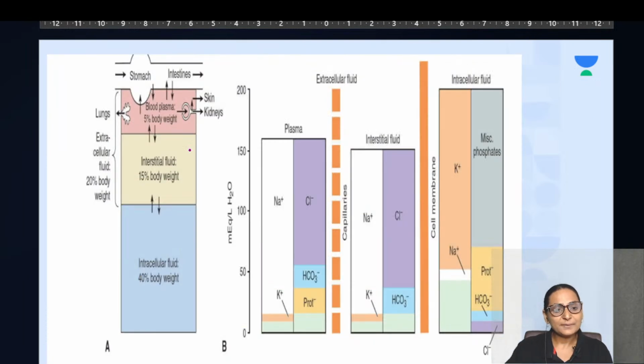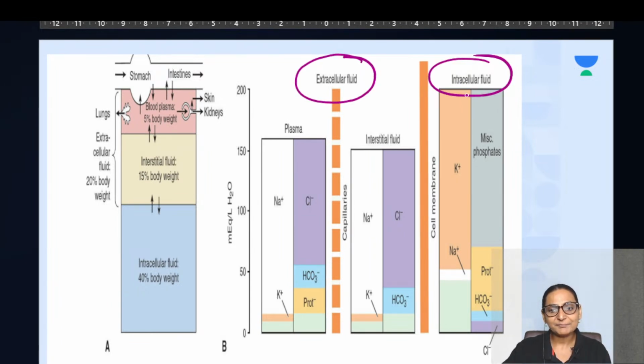Now, the next important thing, which you should know very, very nicely, is the difference in the ionic concentrations of the ECF and the ICF. This is a very, very important question. So you can see the ECF and this is the ICF, and the predominant cation in the ICF is potassium, whereas in the ECF it is sodium, right?